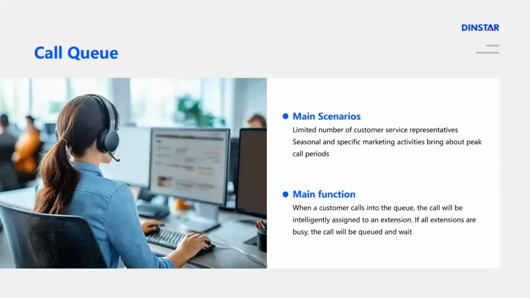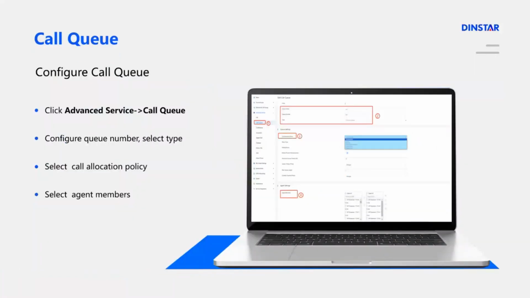And how to set it? Let's check it. We go to the advanced service page, select the call queue, set a queue number, and then choose the queue type, select the call allocation policy, and select the agent members.